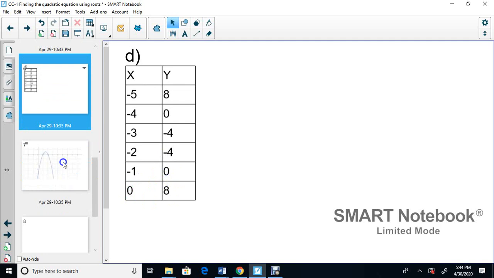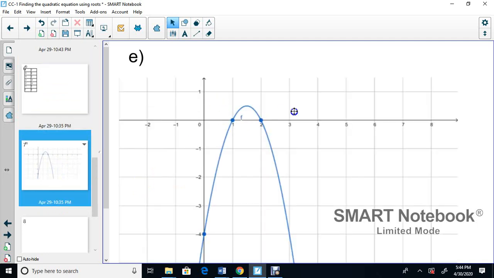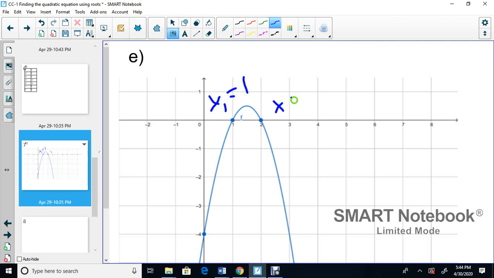Last one. Okay, I'll give you a little clue here. If you don't want it, you can shut it off. But the clue here, right here, x1, or one of the x's, is 1. And the other x-intercept is 2. So x2 is 2. So you've got your x-intercepts.